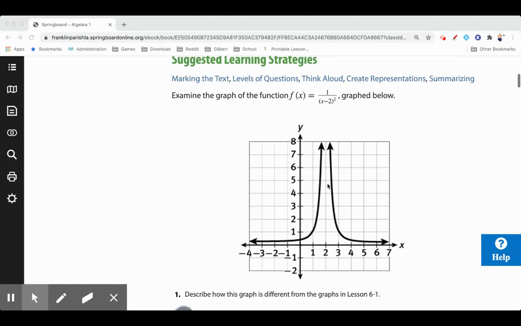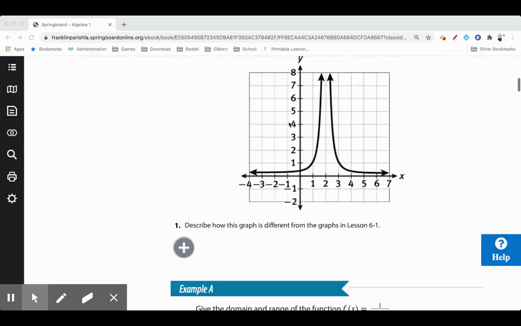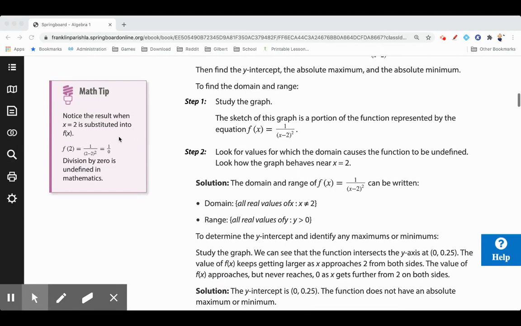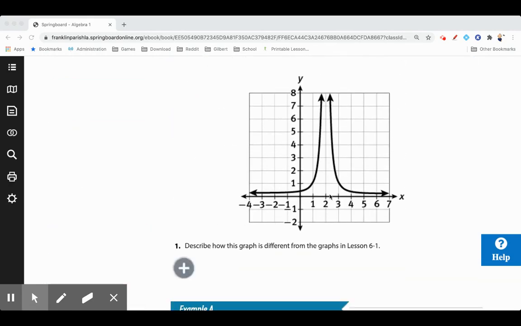Why 2? Well, if I put 2 into this problem, 2 minus 2 is 0. 0 squared is 0. 1 divided by 0, that's a problem. You cannot divide by 0 ever. Math does not support it. It even tells you over here that division by 0 is undefined. And so that's why it's trying its best to never ever touch 2.